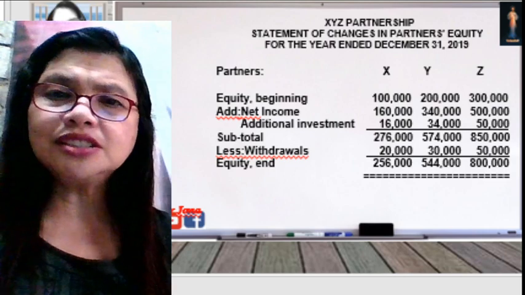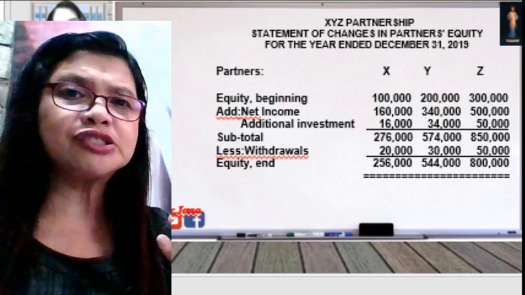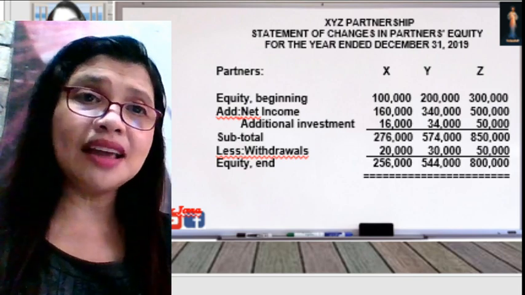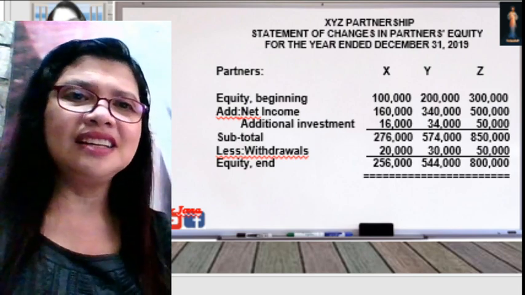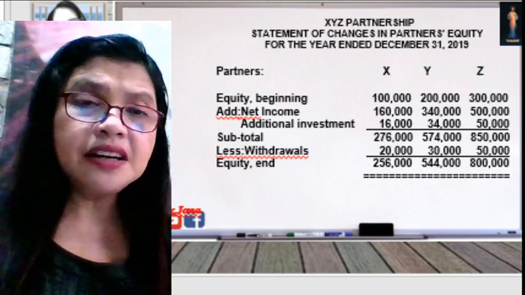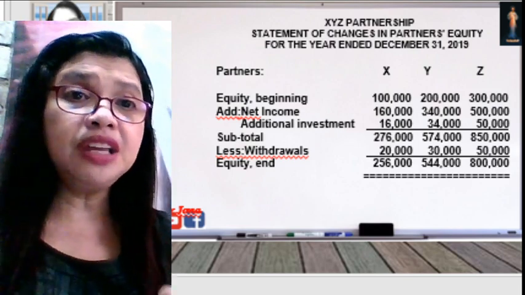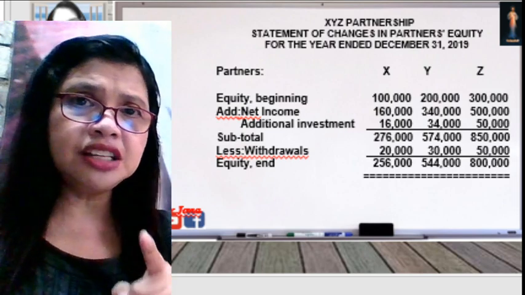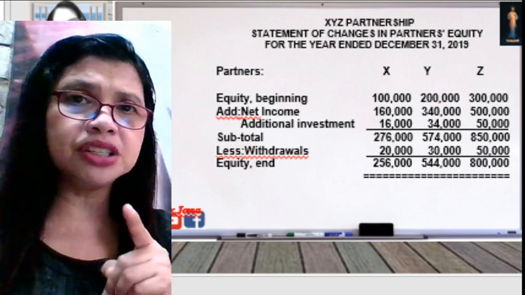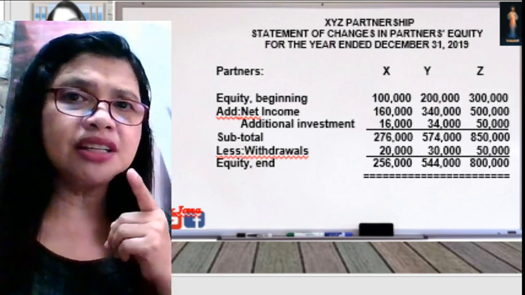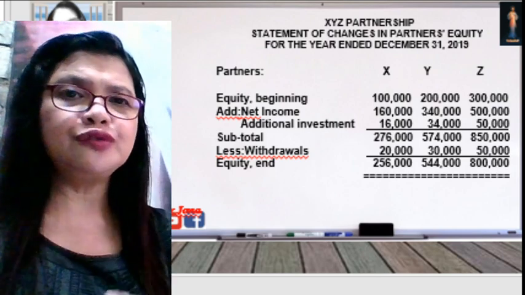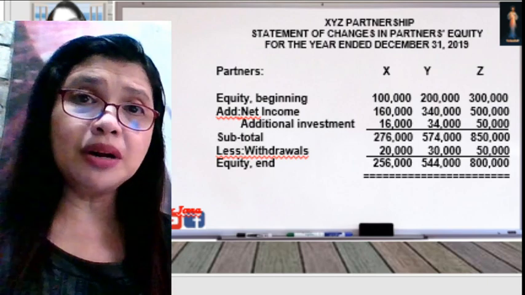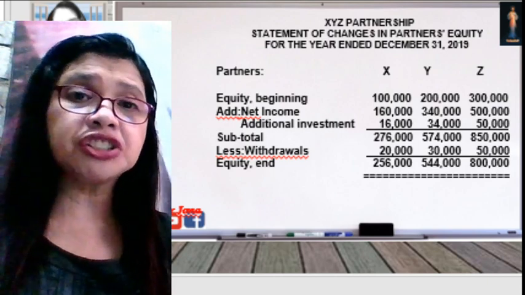Ma'am, in the absence of an agreement as to how they would divide their profits, we divide the profits equally. Okay? Then here is the additional investment of each partner. Partner X made an additional investment of 16,000, partner Y 34,000, and partner Z 50,000. But we have to deduct their withdrawals, or the drawing of each partner.